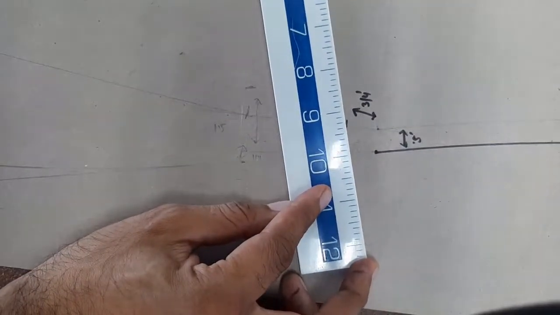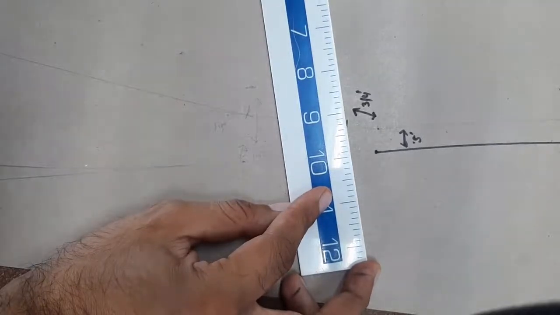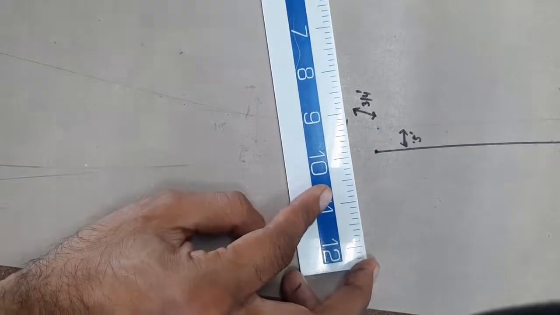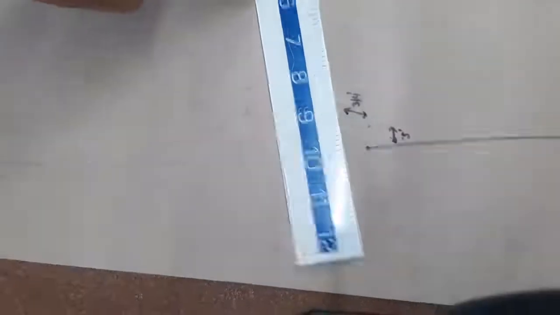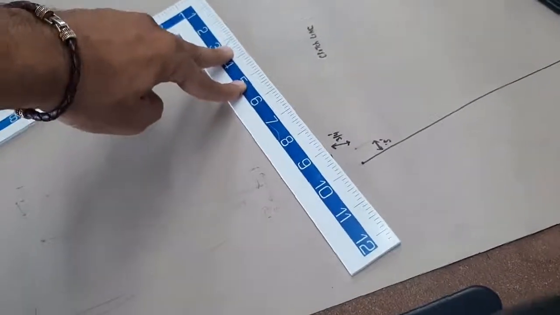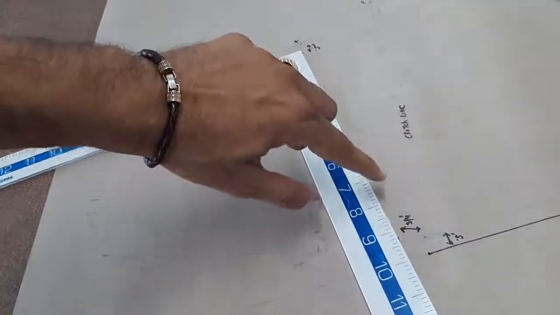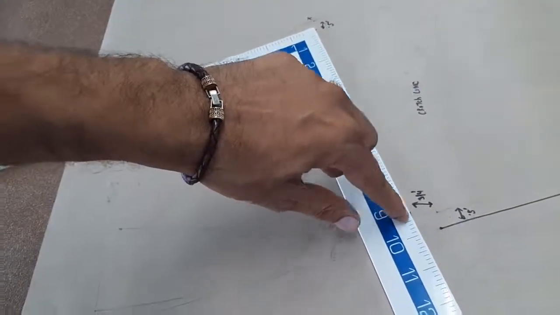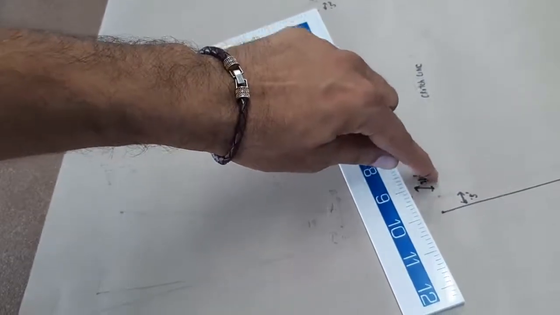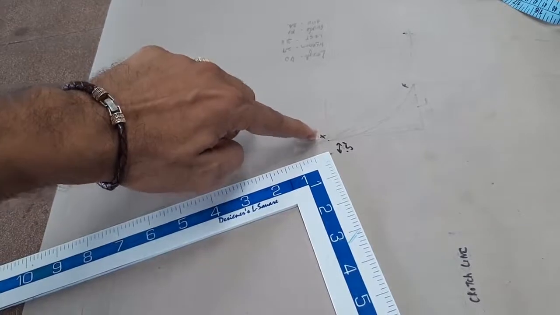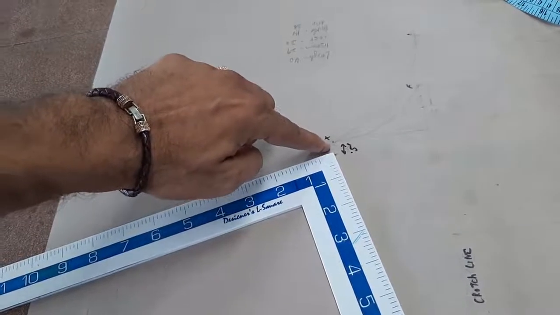Just place your scale connecting X and Y. As you can see here, this is my X point and this is my Y point, with a distance of 3 by 4 inch from the crotch line, and here from the X we have kept a distance of 0.5 inches.